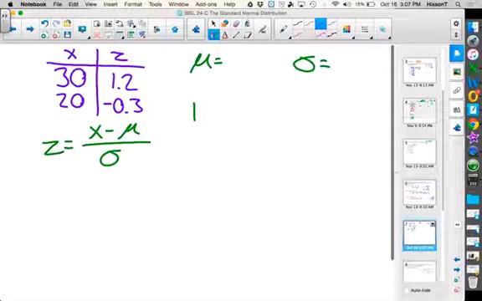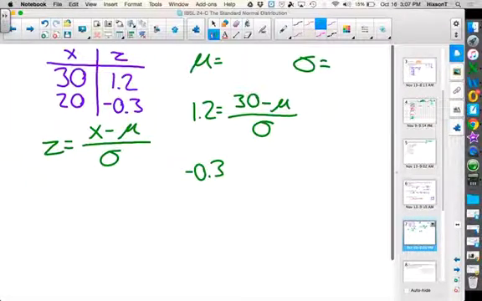So 1.2 is 30 minus mu over sigma. And negative 0.3 is 20 minus mu over sigma. Okay. There's a system of equations, and we can solve it now.